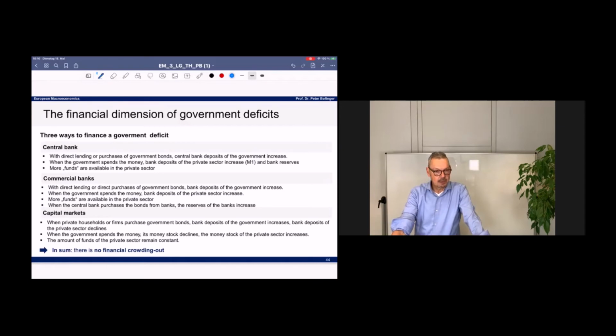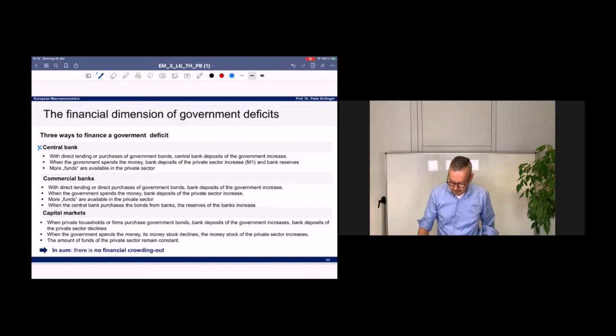In a monetary economy, there are three different sources for financing government deficits: the central bank, the banking system, and the capital market. We have to go through this a little bit because the effects are a little bit different. And in each case, we'll check, does this imply a financial crowding out of private investors? Okay, so let's start with the central bank.